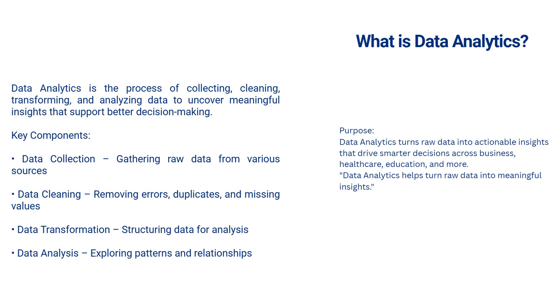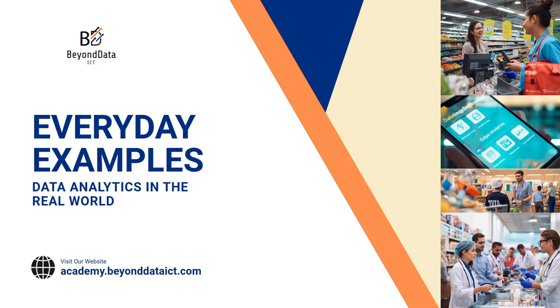The sole purpose of data analytics is to turn raw data into actionable insights that drive smarter decisions across business, healthcare, agriculture, education, and many more. Data analytics helps turn raw data into meaningful insights.